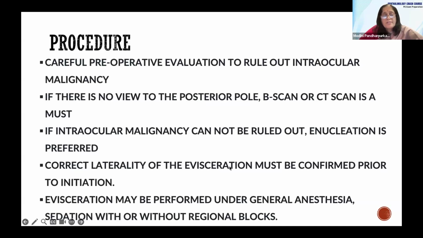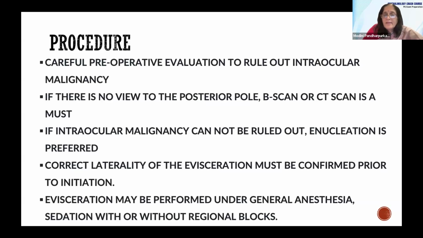You must make sure which eye you're mentioning in the case sheet at every place, even in the operation theater when we do the surgery. We have a check: before the surgeon starts the surgery, you have to ask the resident which eye is posted. The resident will tell you the eye. You ask the sister which eye she has draped.